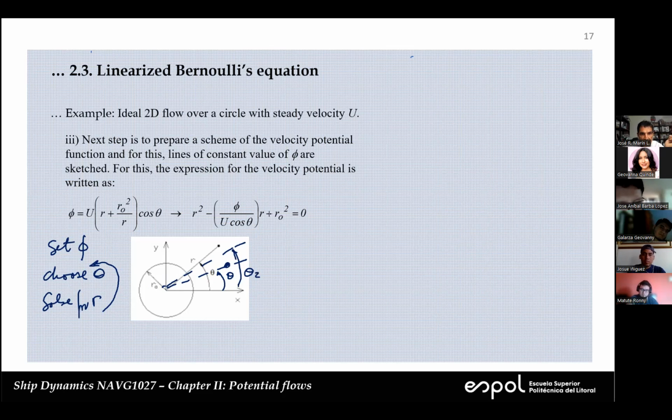I solve this equation and find another value of R. Let's suppose the solution is this. And again, I do it and I find another value up here. So around this curve, the function will take this value.